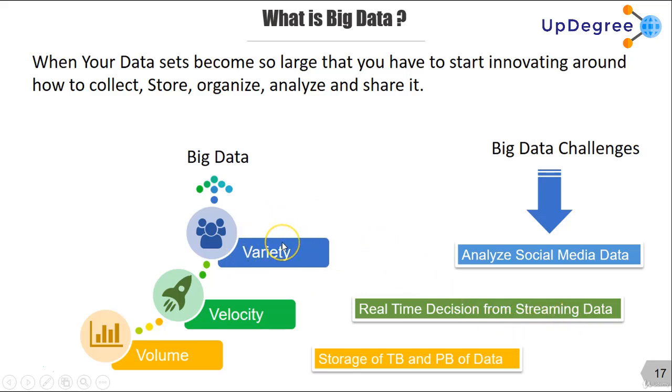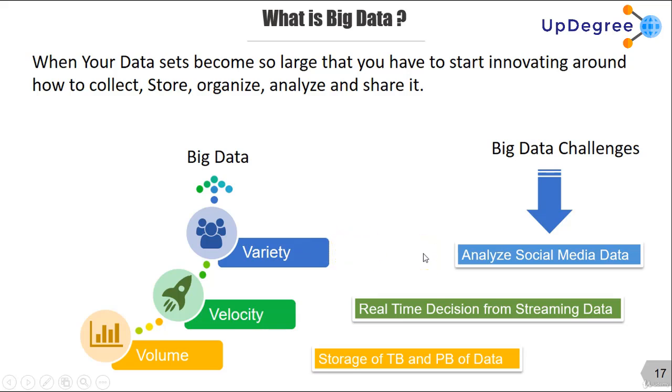Similarly, if your data is different in nature, earlier we had data in a very structured format that we could store in tabular form, but today's data we cannot store in tabular form because it is unstructured, not structured at all. Video, images, text are all unstructured data.